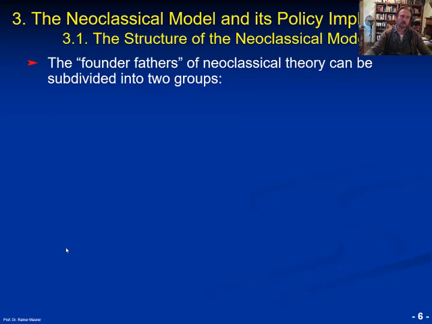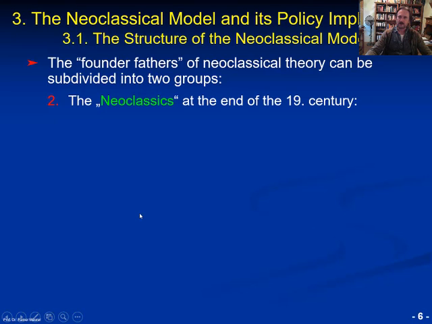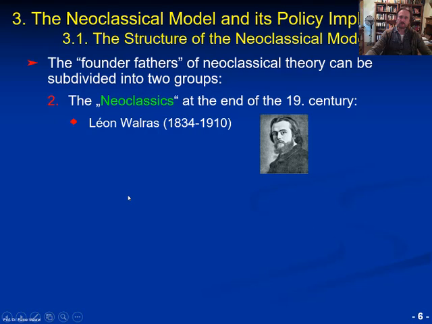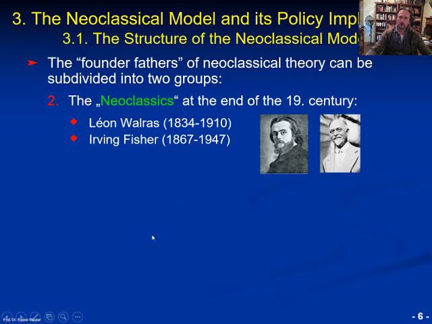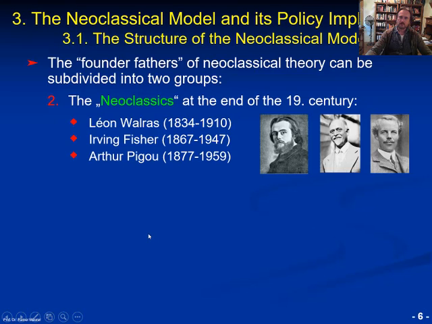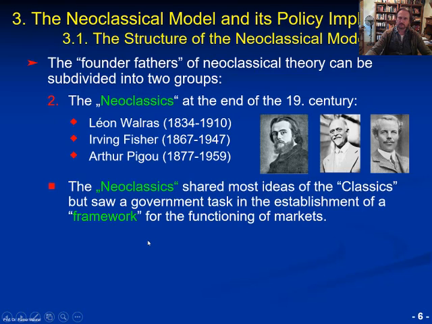The other group of founder fathers are called the neoclassics at the end of the 19th century. Most prominent members of this group have been Léon Walras, Irving Fisher, and Arthur Pigou.